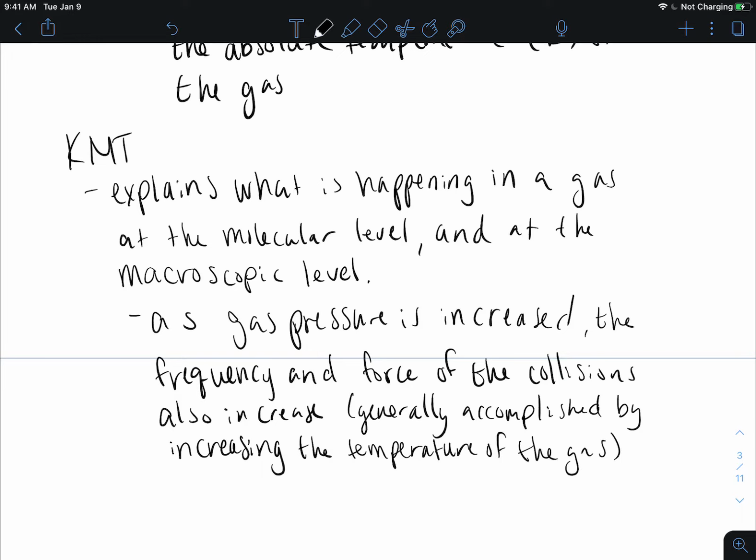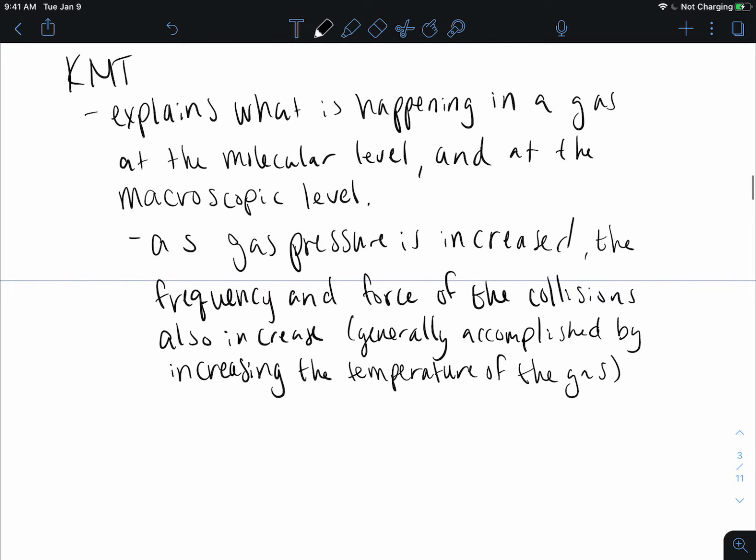So we can increase our collisions, the force of our collisions, and therefore our gas pressure by increasing the temperature of our gas. So it's all back down to that absolute temperature of the gas, that kinetic energy of your gas, that's going to affect the properties of your gas.